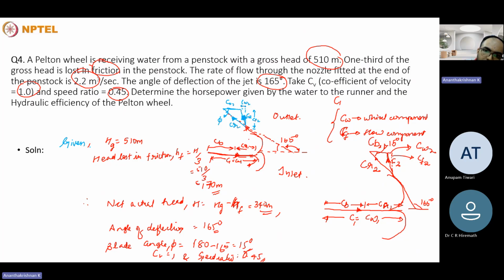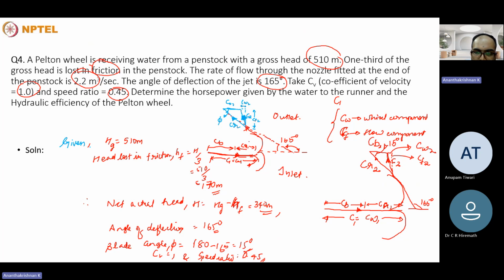The radial direction is in a plane perpendicular to the plane of the paper.